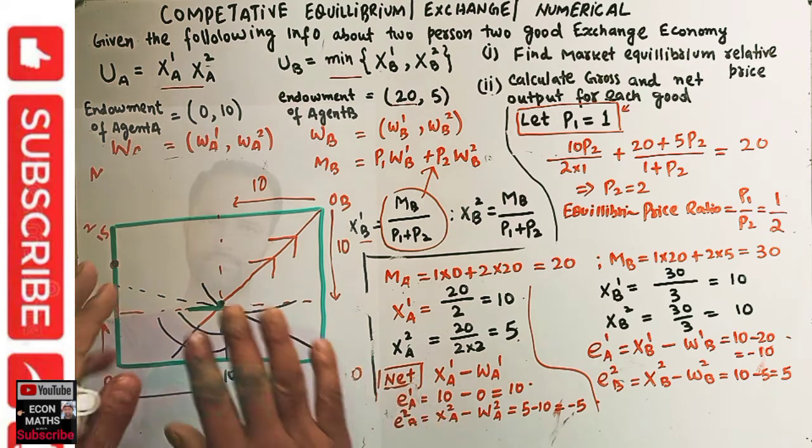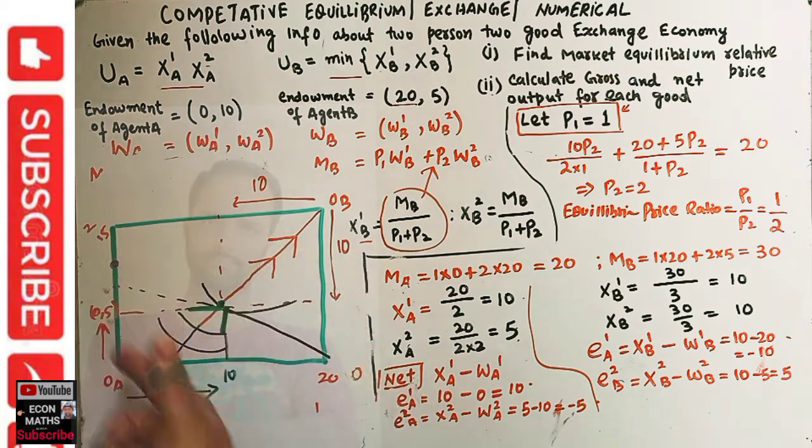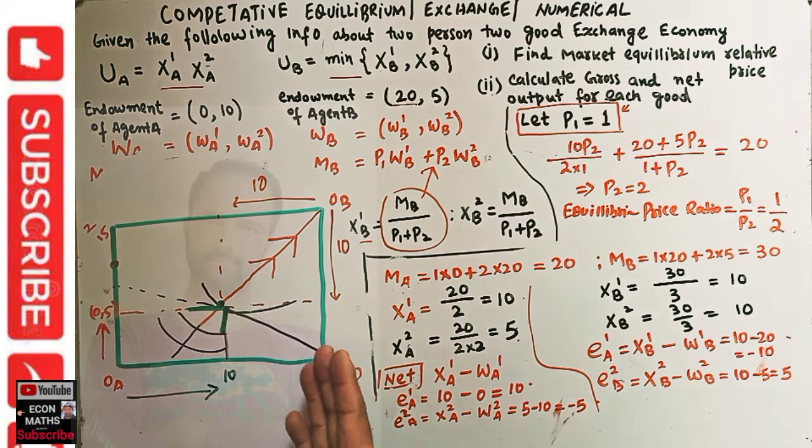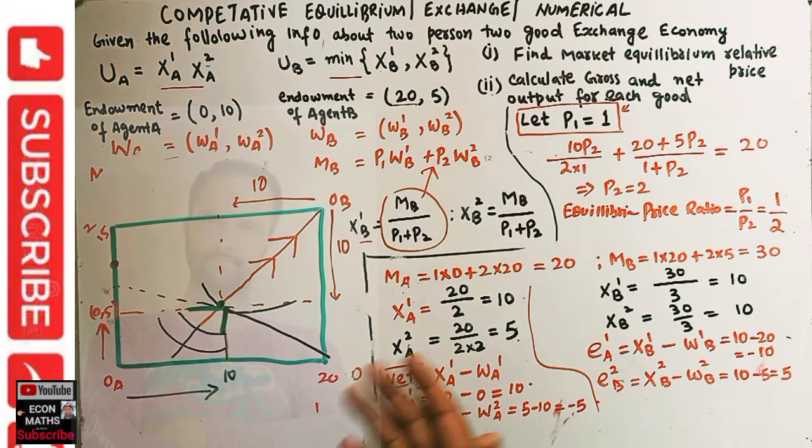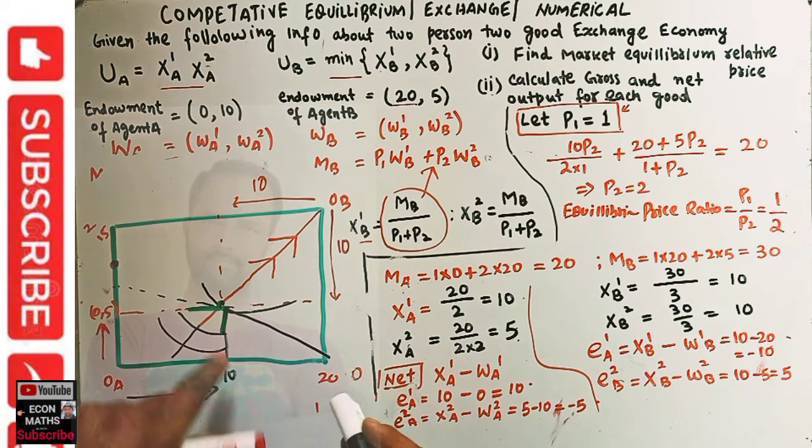I'm sure that you did not get any idea of this, but I have made these videos on how to draw the Edgeworth box and how to find the Pareto efficient point. And by the way, this will be the Pareto efficient point. We cannot make anyone better off without making someone else worse off at this point.